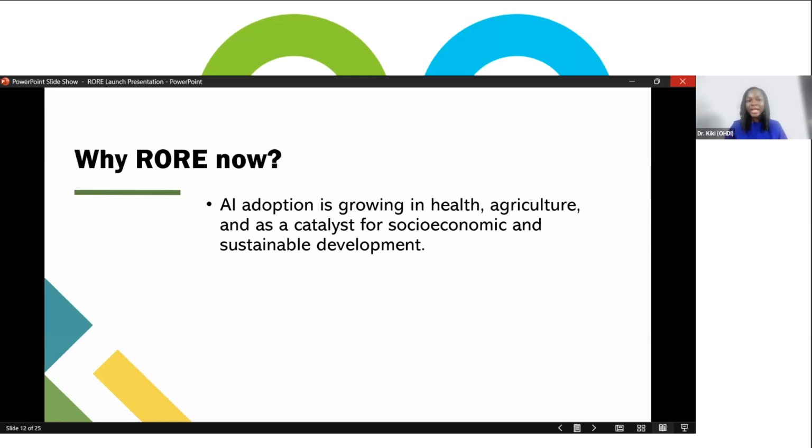So having tools like Rore is us being able to ensure that we are guiding conversations around improving systems where we know that AI is being adopted as a catalyst for health improvement, for health system strengthening, for interventions in climate change, in good sustainable agricultural practices, in food security, as a catalyst for socioeconomic and sustainable development.